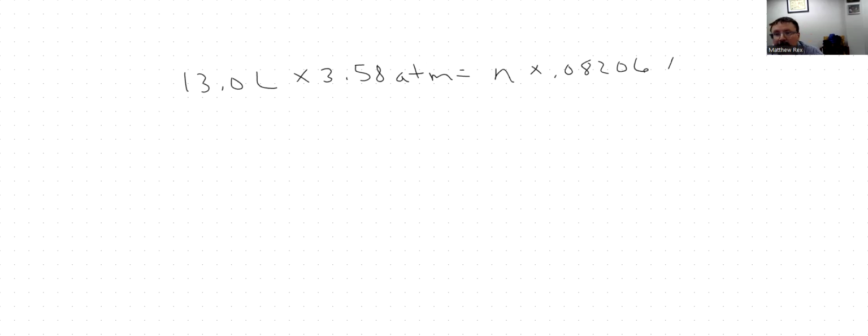20, what mass of SO2 is contained in a 13-liter tank at 3.58 atmospheres. We're trying to find the number of moles of the gas. Once we know that, we can find the mass. We know the temperature.